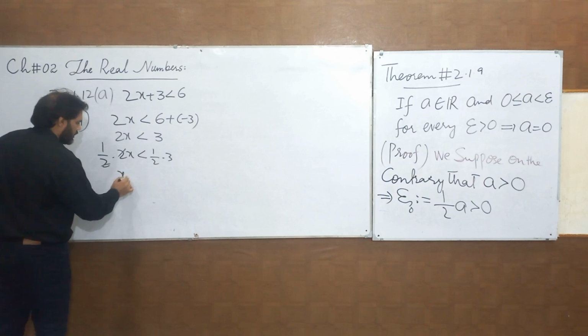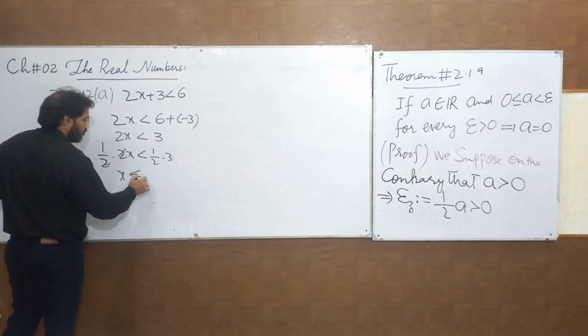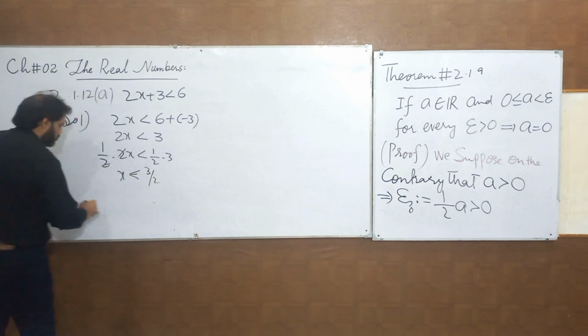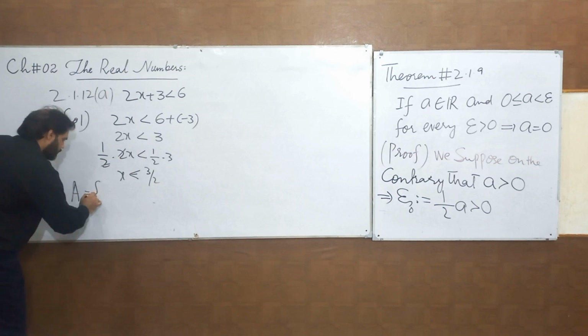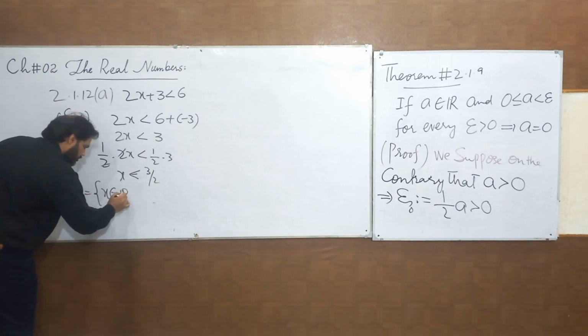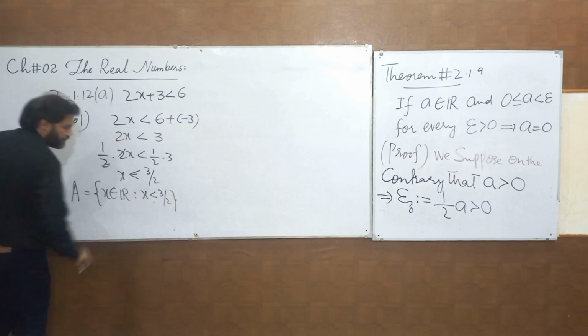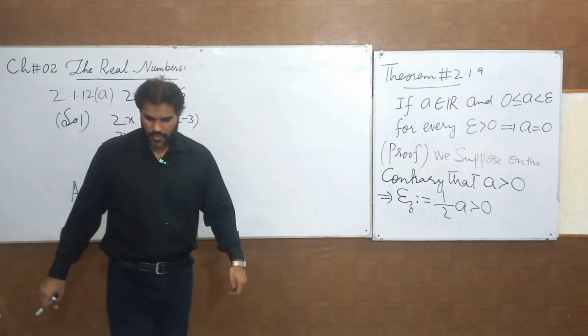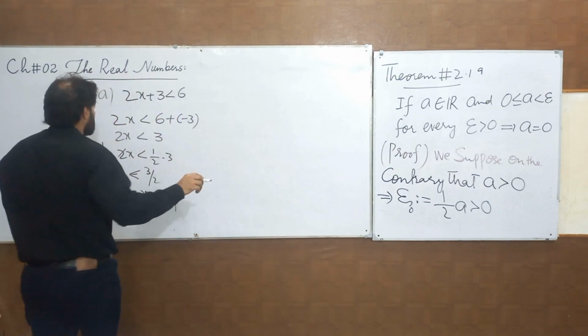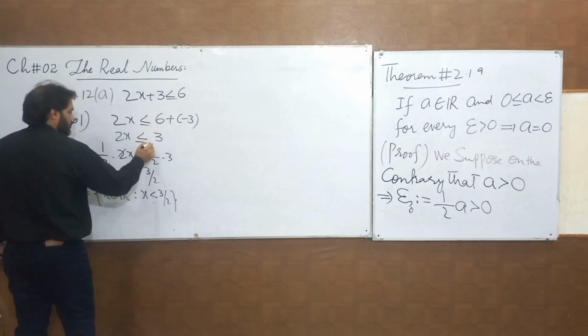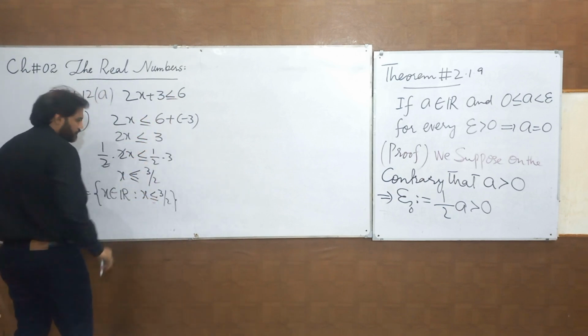This is 1, x is less than 3 by 2. So your solution set A is simply the set of all real numbers x such that x is less than 3 by 2. Simple. And in the example, there is an equal sign also here.